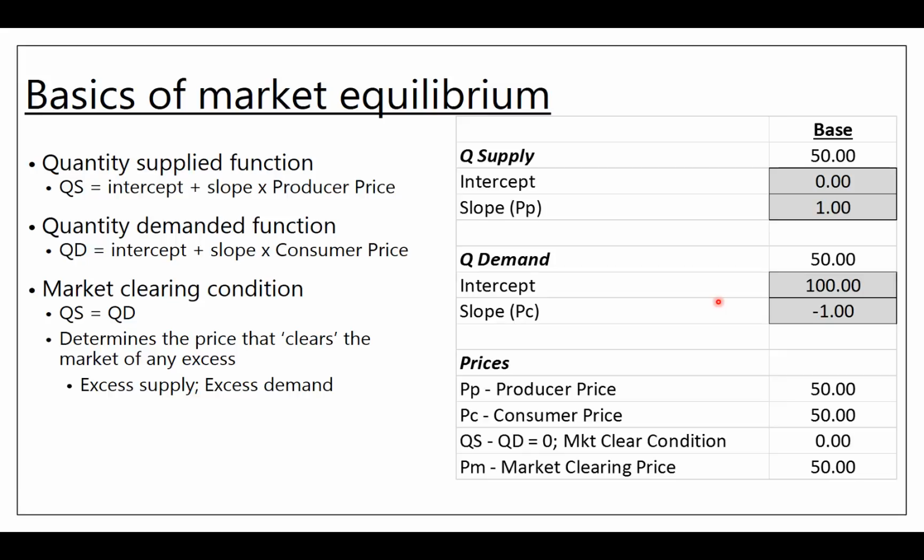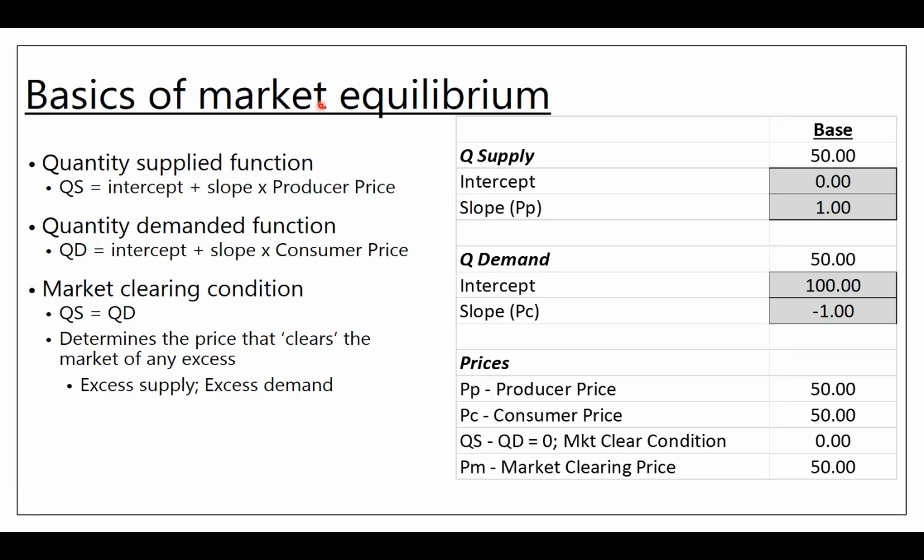So that's where we're going to start. We're going to start by building out a supply curve. We'll add to that a demand curve or a demand function. These are going to look like functions because we're not going to do the graphs in the spreadsheet. And then we need to figure out a way to solve for it.